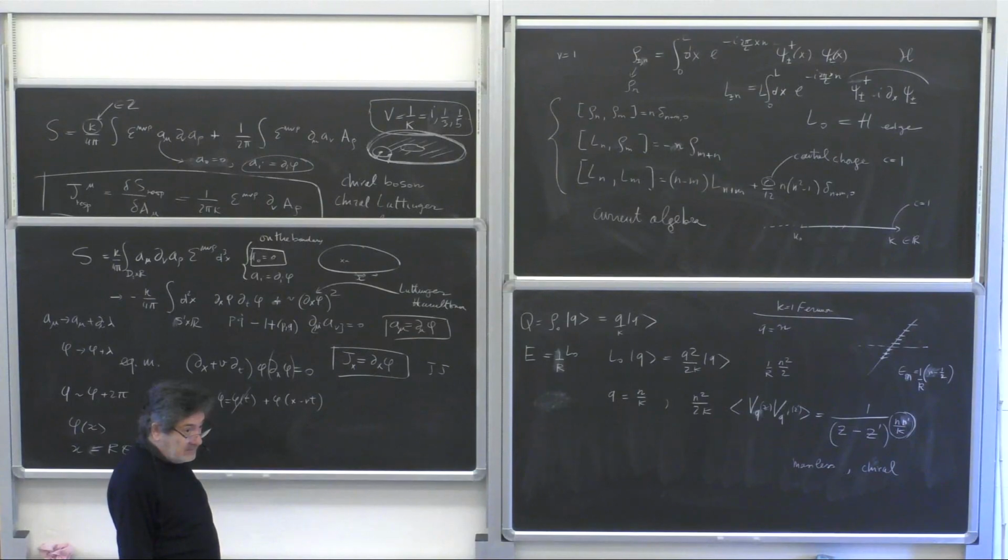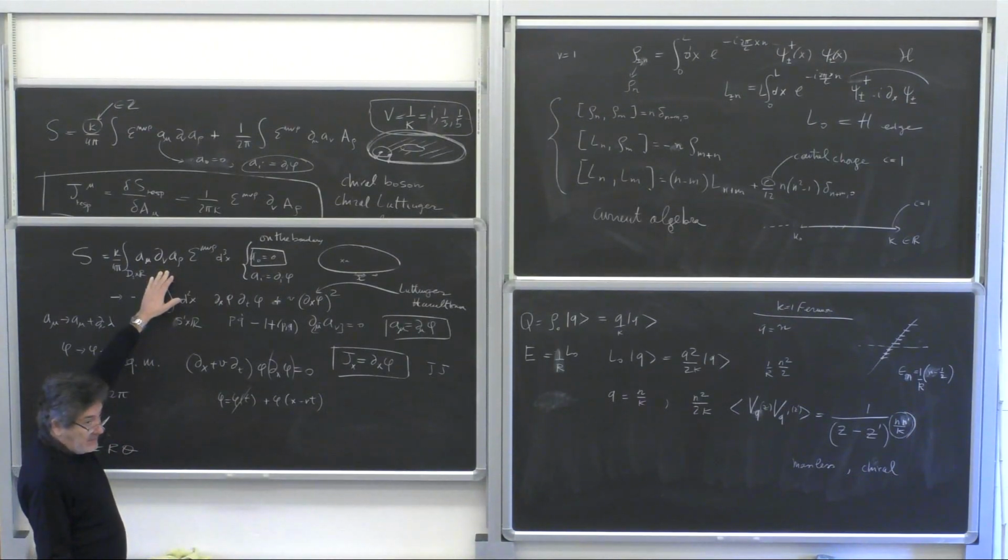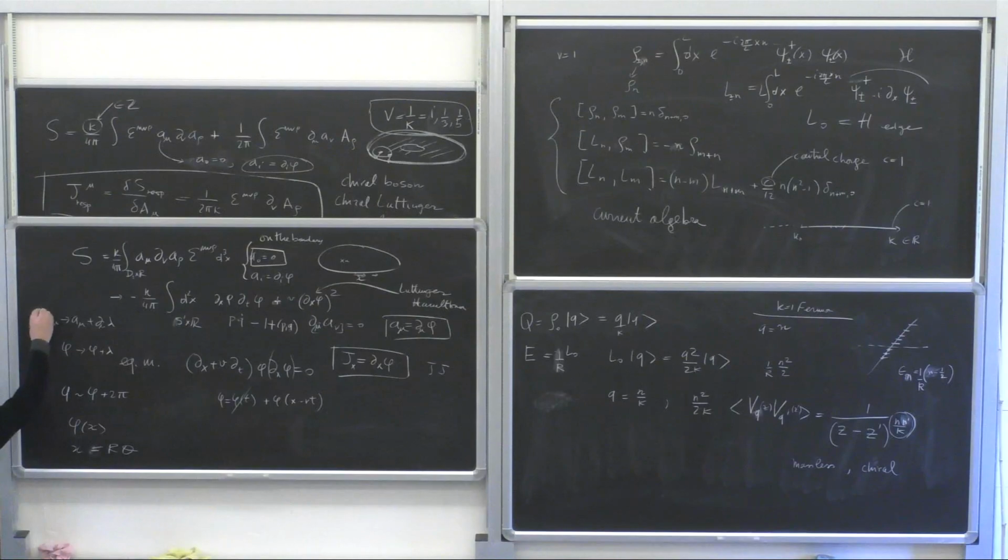Not clear? What was wrong? So first of all, you accept that the effective theory is a gauge theory, right? Because it has a gauge symmetry. So phi transforms with the gauge transformation. So phi itself is an element of the group, and so it's compact.